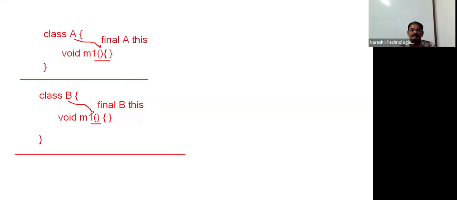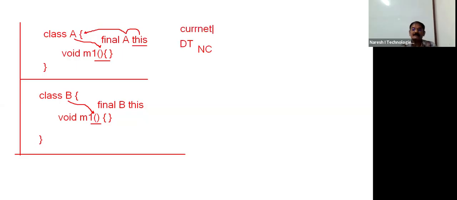Understand? So what is the important point you need to understand? Just like the this keyword contains the data type of the current class, a named constant's data type is the current enum.